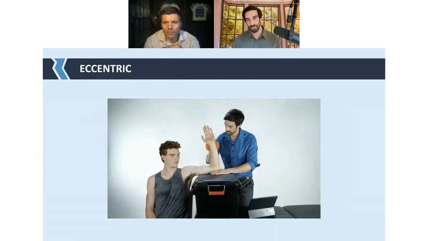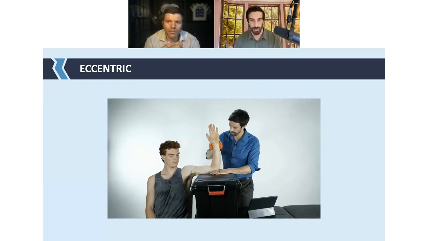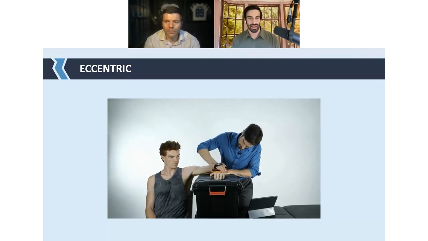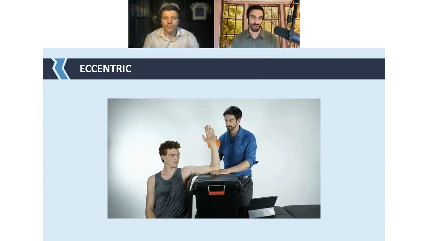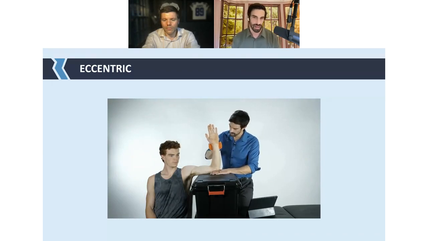Eccentric testing is quite important as well. There's a lot of interesting research on this with baseball players, with pitchers, but the ability to test the strength of a muscle through a range and to do so eccentrically is something I've been experimenting more and more with these days.